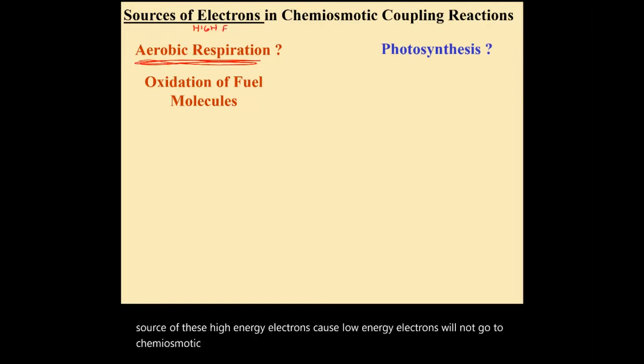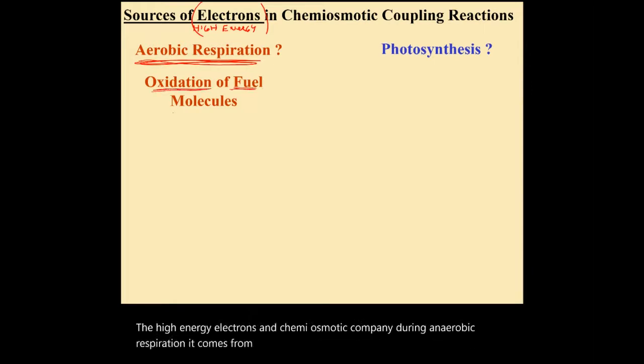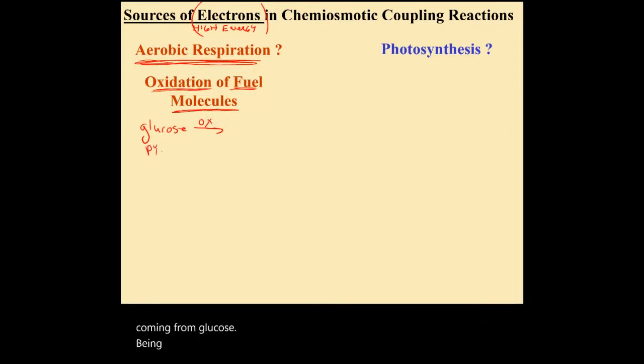High energy electrons do. During aerobic respiration, they come from the oxidation of the fuel molecules. That means glucose being oxidized, and pyruvate, which we talked about last chapter, being oxidized.